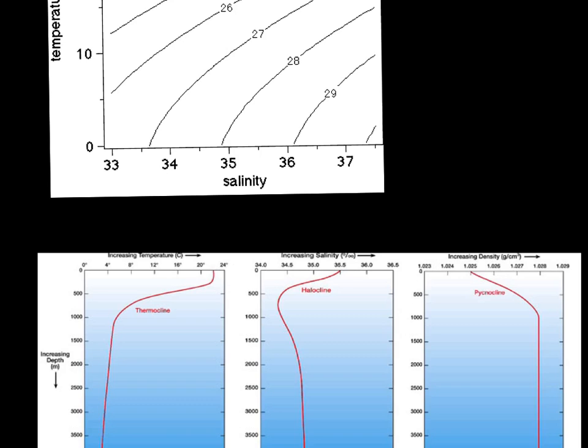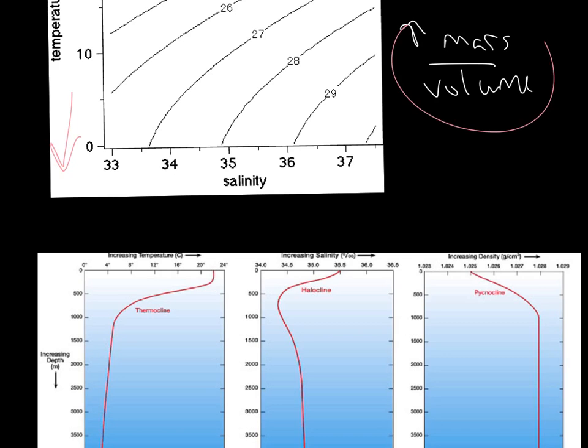So in essence, there's more mass in a cold vessel per volume than in warm water. So the colder it gets, the lower the temperature, the more mass you have in that volume, so the higher the density.